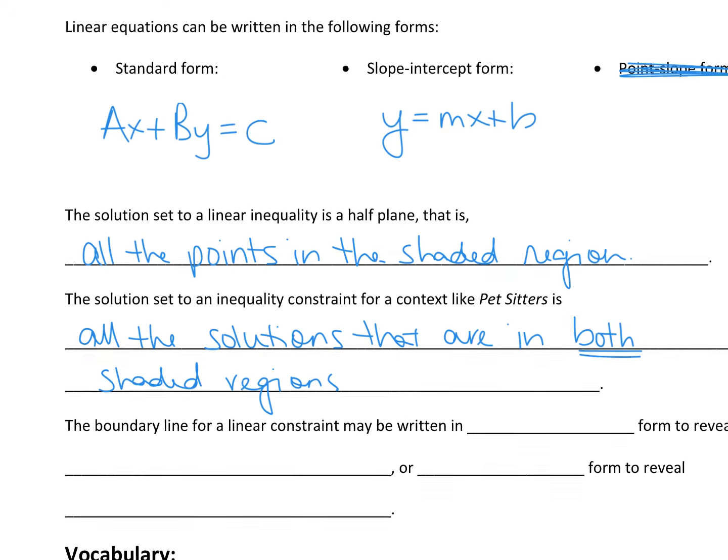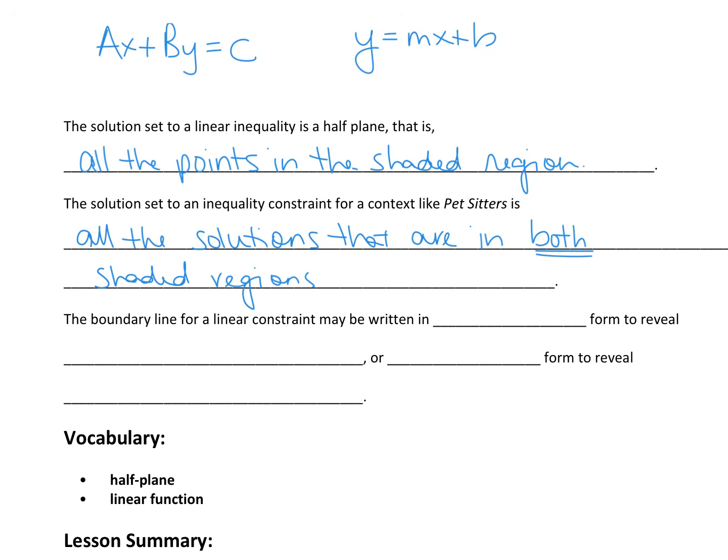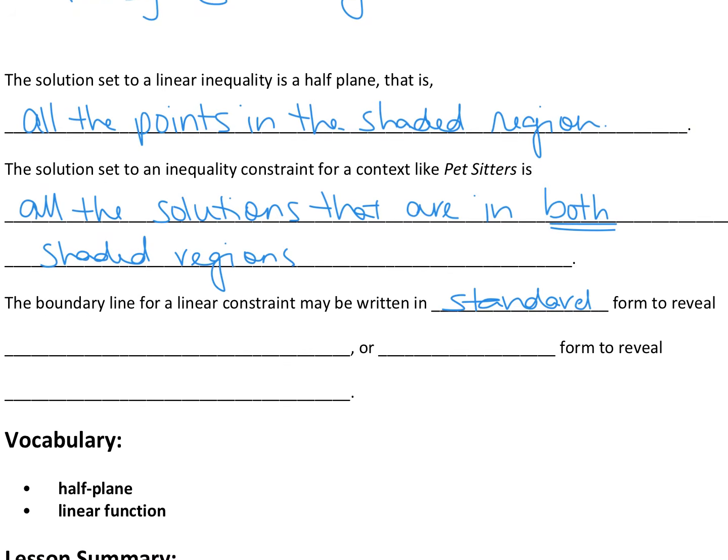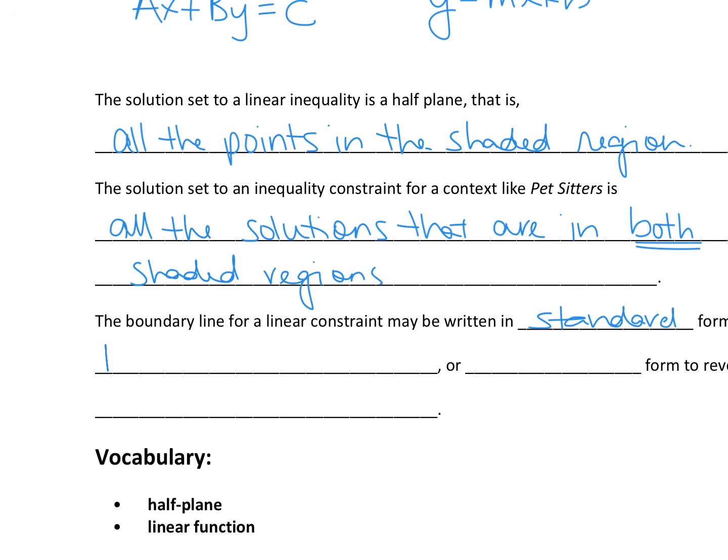Okay, and then we're going to finish up with our last takeaway. The boundary line for a linear constraint can be written as standard form. And what's nice in standard form is that standard form reveals the combination of terms.